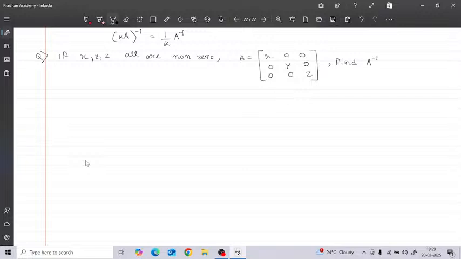So let's find the determinant at first. We know that if a matrix is a scalar matrix, upper triangular, diagonal, or lower triangular matrix, the determinant is the product of all its diagonal elements. So what are the diagonal elements? That are x, y and z. So this is my determinant. As all three are non-zero, our determinant is also non-zero. It means A inverse exists.